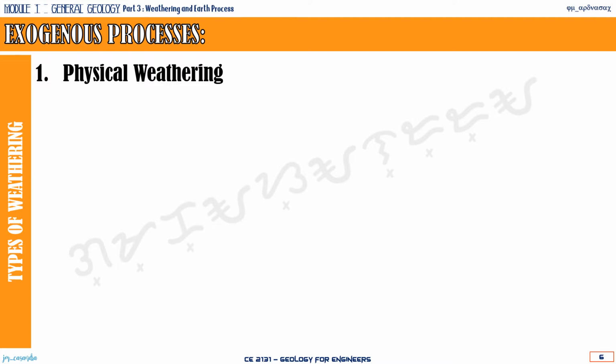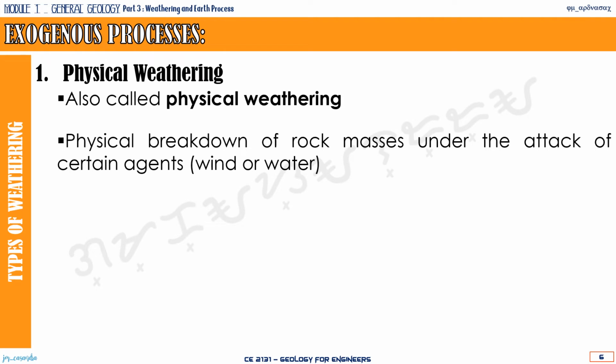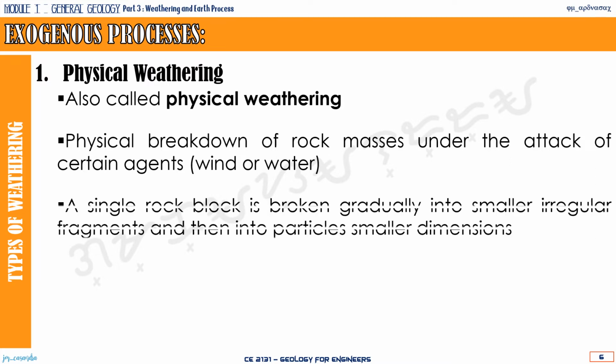Physical weathering is also called mechanical weathering, which is simply the breakdown of your mass or objects under the effect of wind or water or other external forces. So in physical weathering, your rocks would be broken gradually into smaller and irregular fragments and into smaller dimensions.